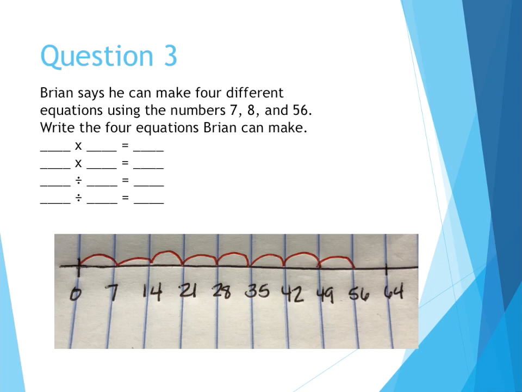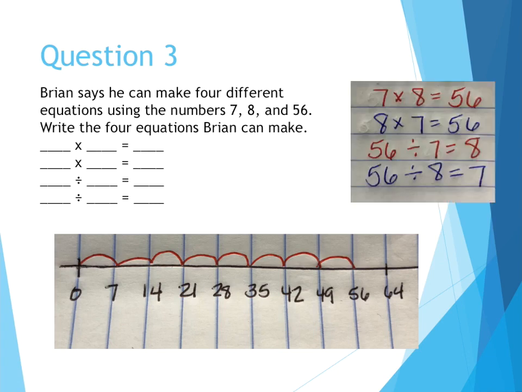You could create a number line to check. And you can use the other methods that we talked about as well, just to make sure his answers are correct. In looking at this number line and the jumps by 7, I have 8 jumps of 7, which does give me 56. So I can say that 7 times 8 equals 56, 8 times 7 equals 56, 56 divided by 7 equals 8, and 56 divided by 8 equals 7.